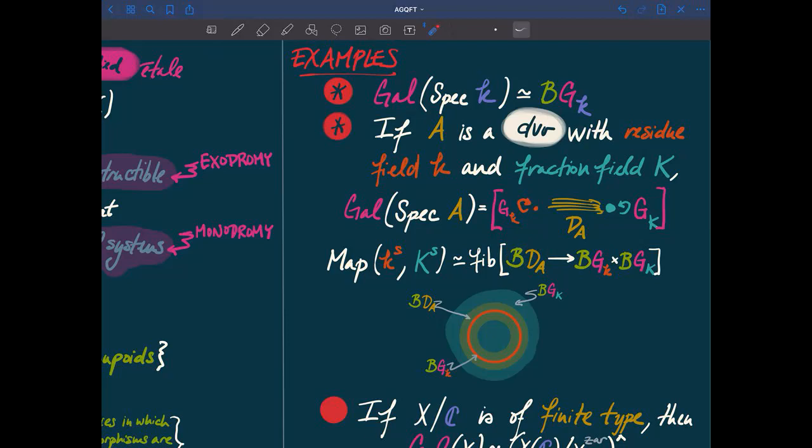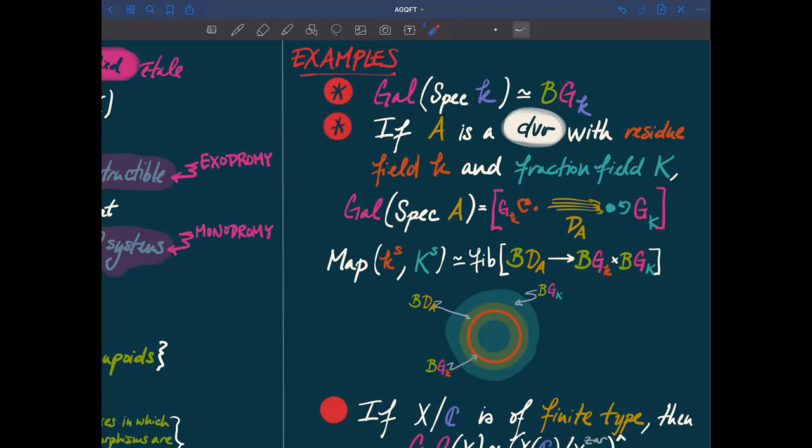Now the decomposition group sits inside the Galois group of the fraction field, and the decomposition group mod the inertia group gives you the Galois group of the little field. And so we have this map from BD_A to the product of these two things. Normally, if you think about just the groups, then all of this is defined up to conjugacy, but because I'm keeping track of everything here, this map is actually well defined already.